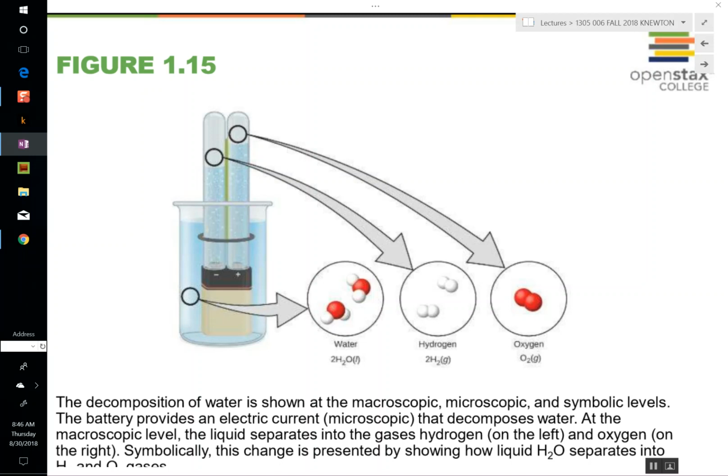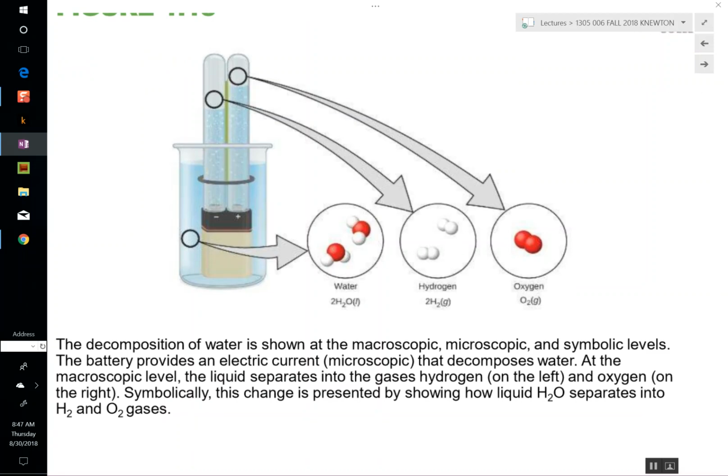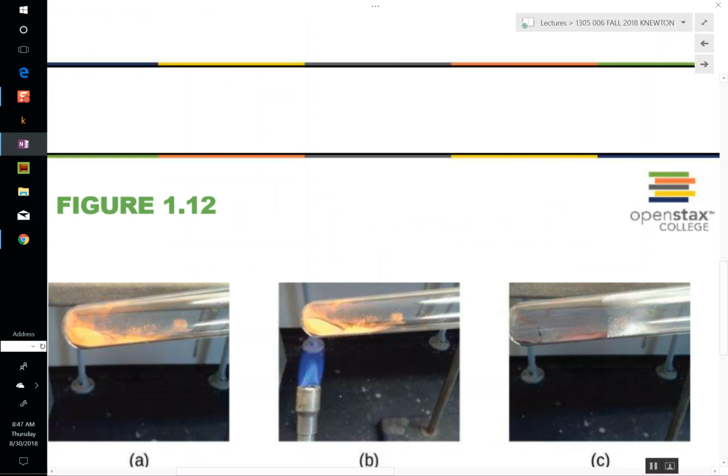They had a little thing that came off the side if it was a gas, something else if it was a solid. So right embedded in their symbol was what physical state it's in. Okay, so that's just an example of breaking down a compound back into its individual elements.